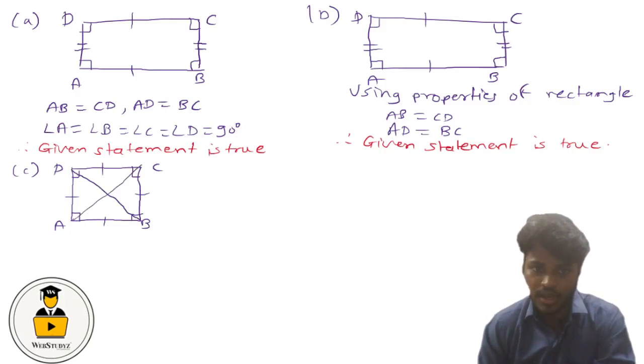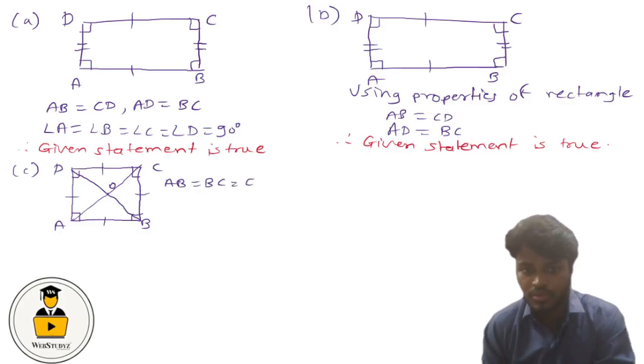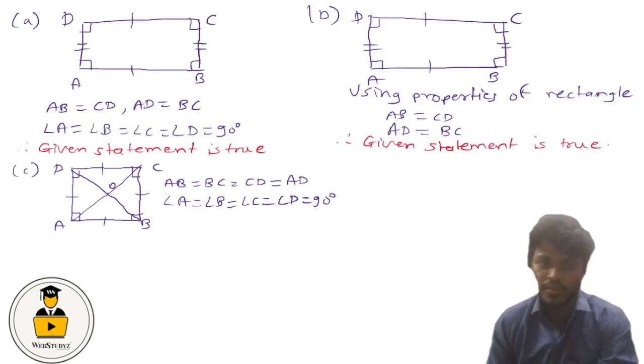So BD and AC are the diagonals of the square, and let us assume that they intersect each other at point O. So from the diagram we can say that AB equals BC equals CD equals AD, and angle A, angle B, angle C, angle D is equal to 90 degrees.